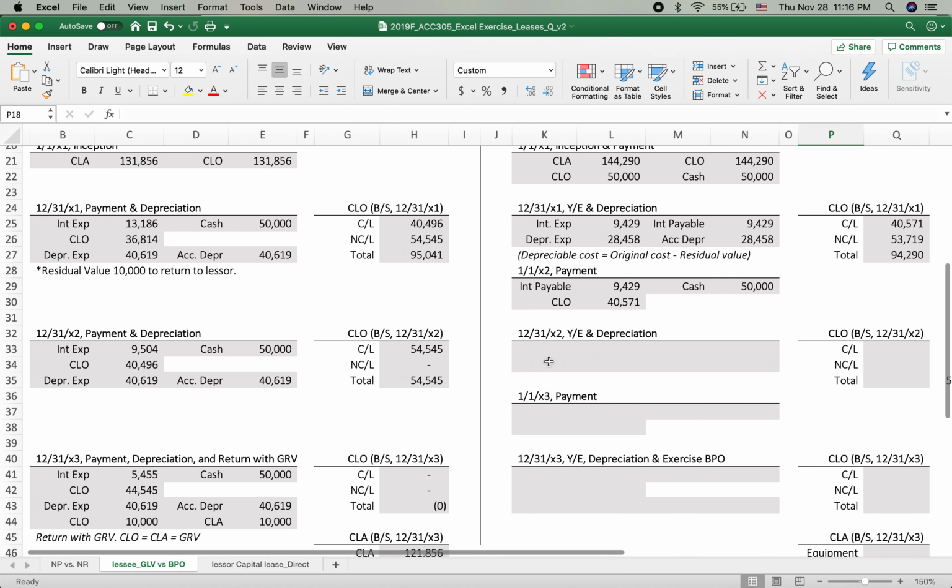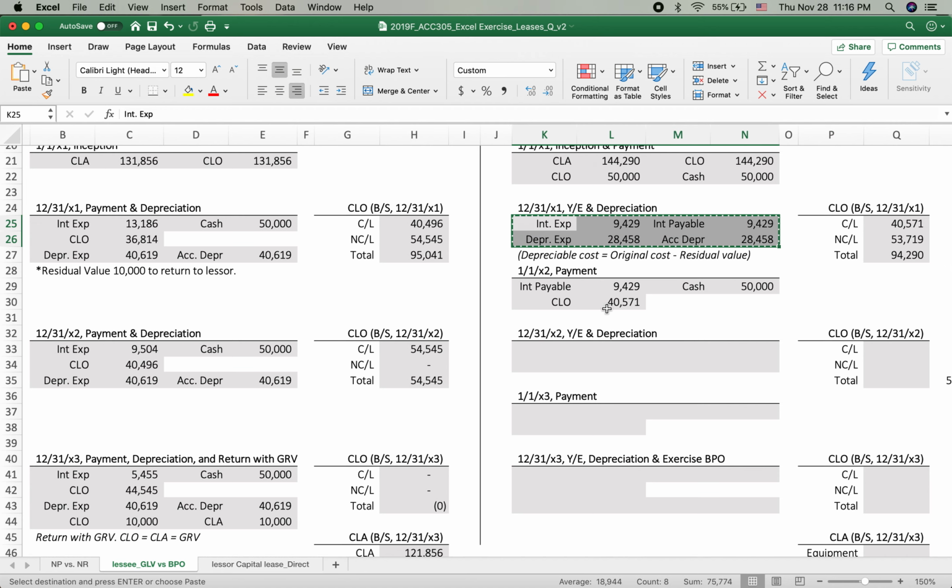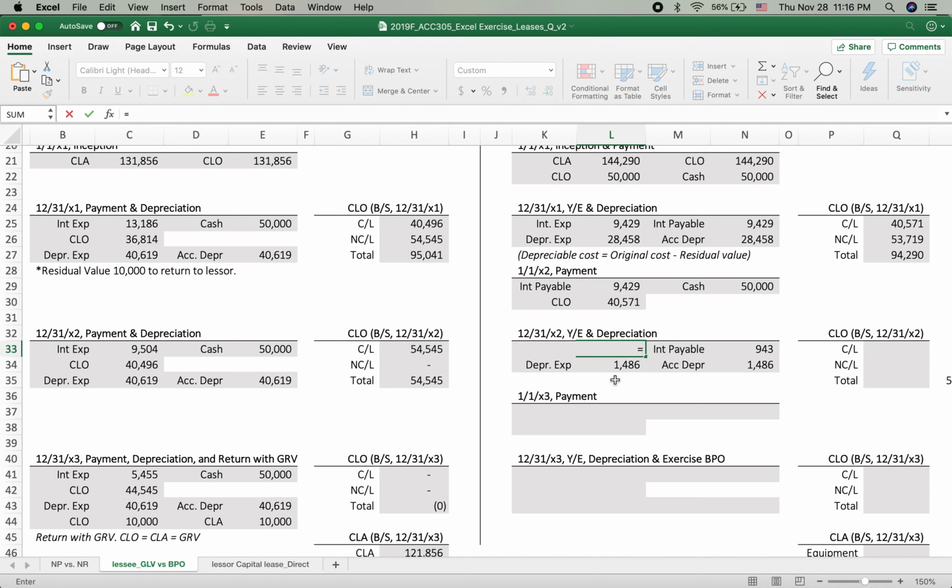Okay, then what is the second end of year? So we will use the same account, right? It's the same account. The interest expense now, how do we calculate it?